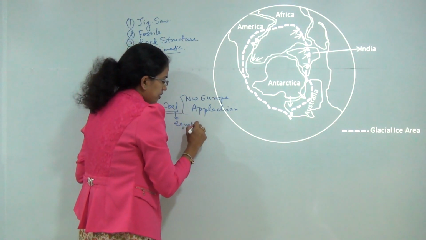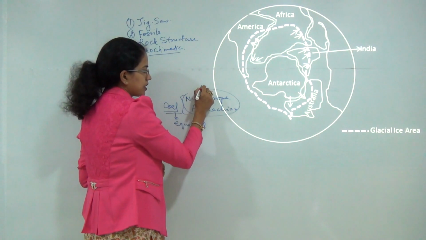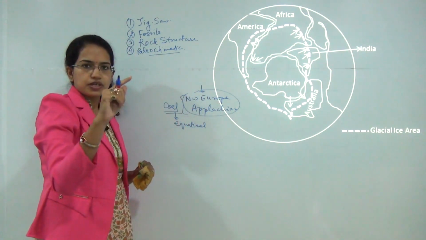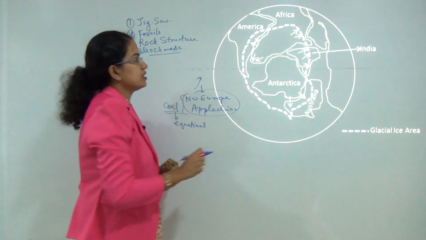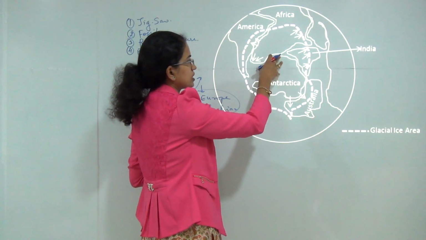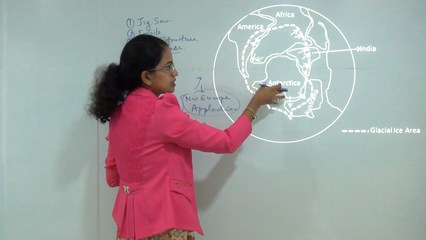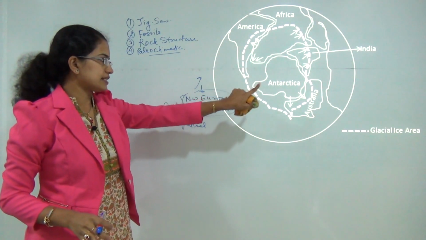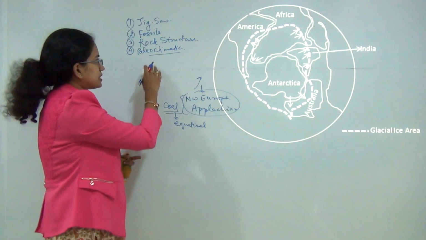So at some point of time, these regions were located at the equatorial zone, and they slowly drifted away from the equatorial area. Similarly, this was considered an ice covered or glacial ice area, and the continents slowly drifted from this area, and you have Antarctica here on the present-day globe. So that was the next evidence.